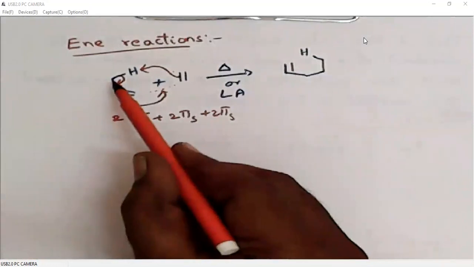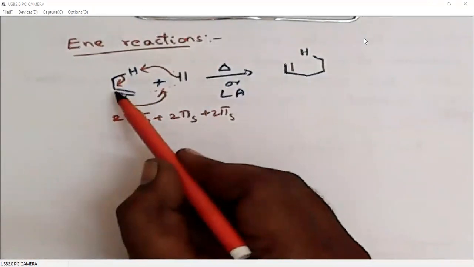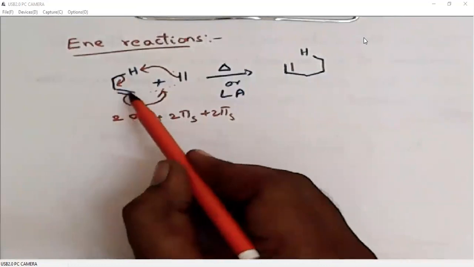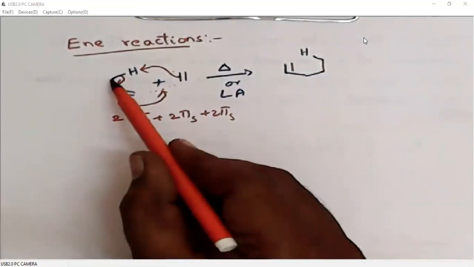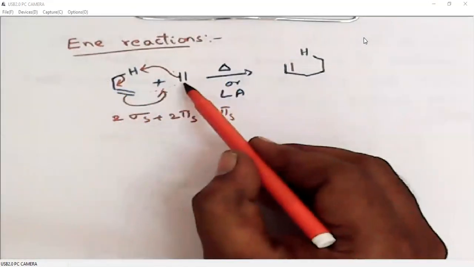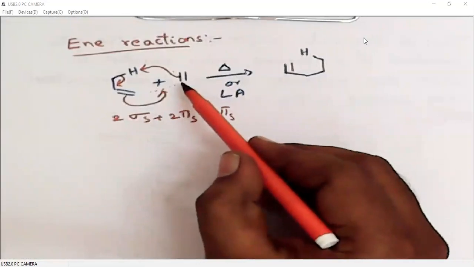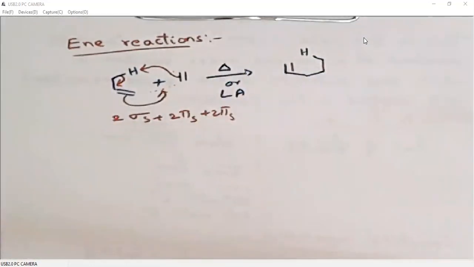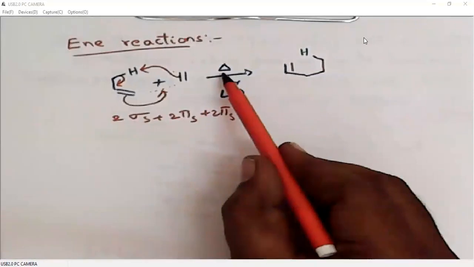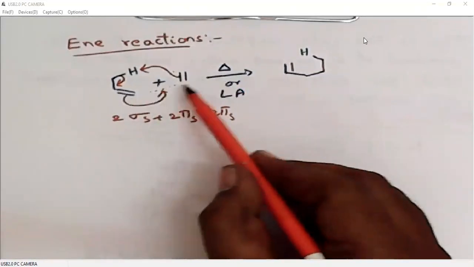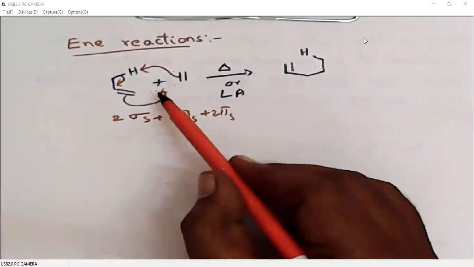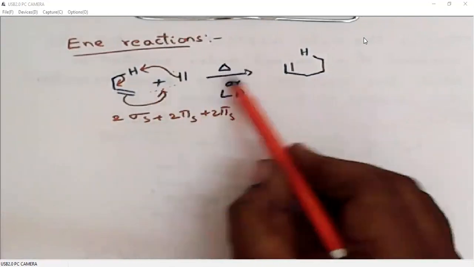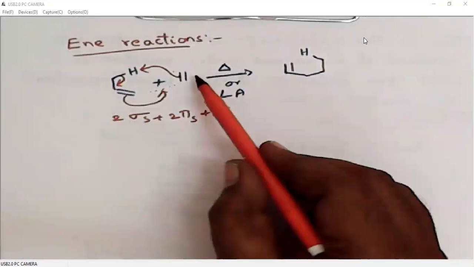If you have an allylic hydrogen, that means an allyl system and a hydrogen on the allyl carbon, and if you are given an additional alkene, then obviously under thermal conditions it is an ene reaction, because under thermal conditions we don't expect 2 plus 2 cycloadditions. If it is photochemical conditions, yes, 2 plus 2 will be possible, but under thermal conditions we don't have 2 plus 2 cycloadditions.